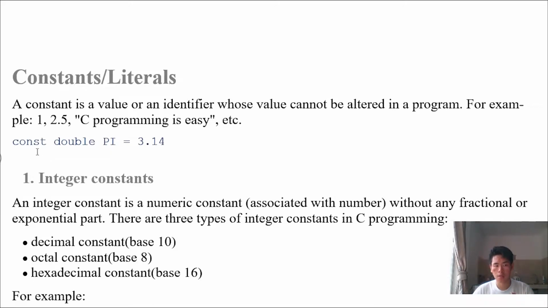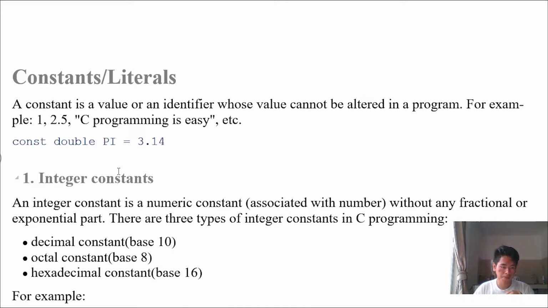And this is the data type of the variable named pi, and you assign 3.14 to pi. With that you have already declared the constant. Oh, and one more thing, a constant is also known as a literal.